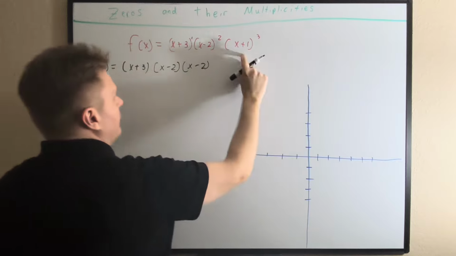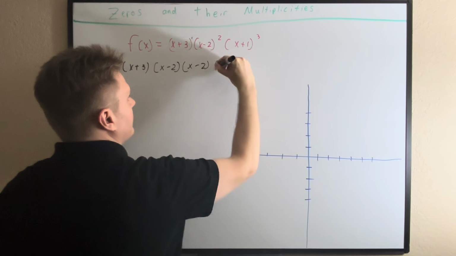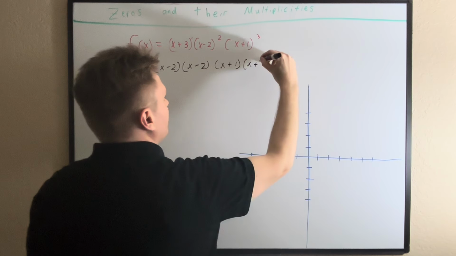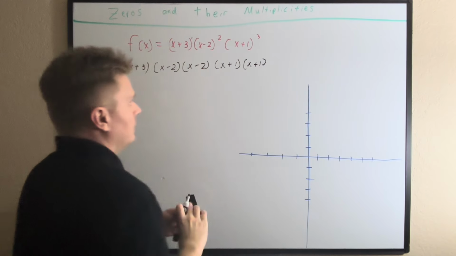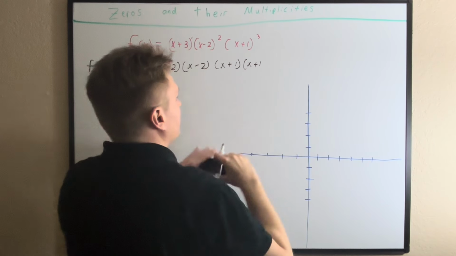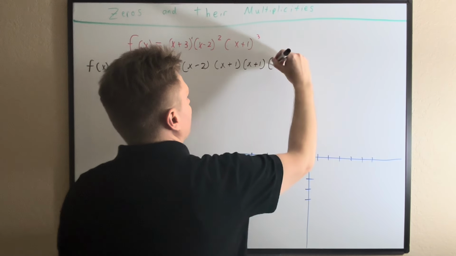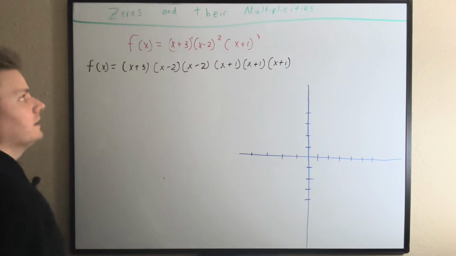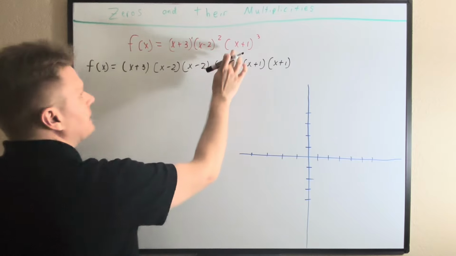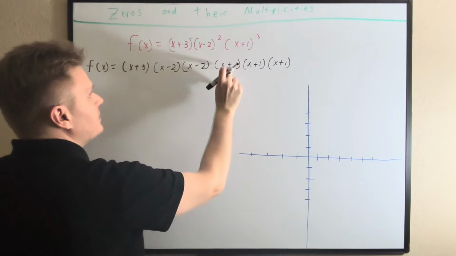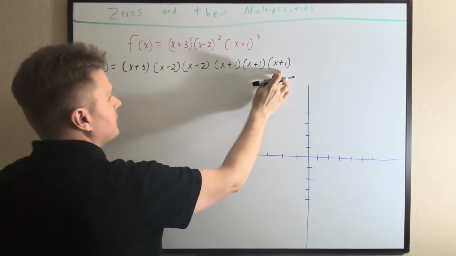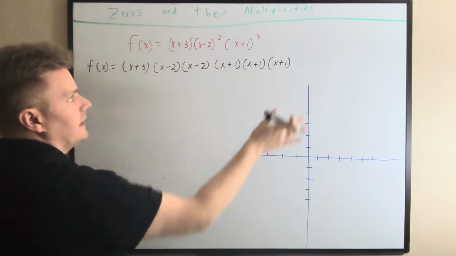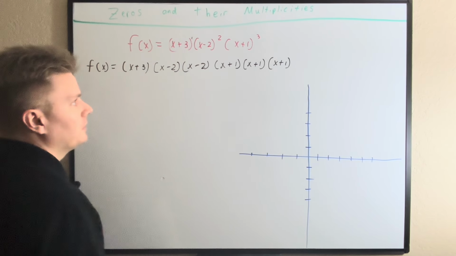And x plus 1 is cubed, so there's 3 of them, if I can write things correctly. And that's what we're talking about. We're talking about how many times a specific factor appears in a function once it's all factored out into binomials.